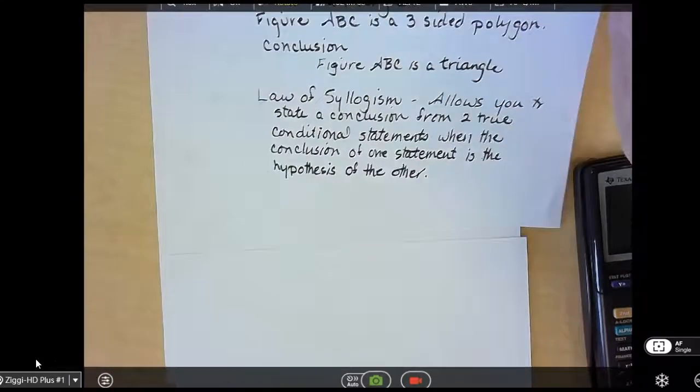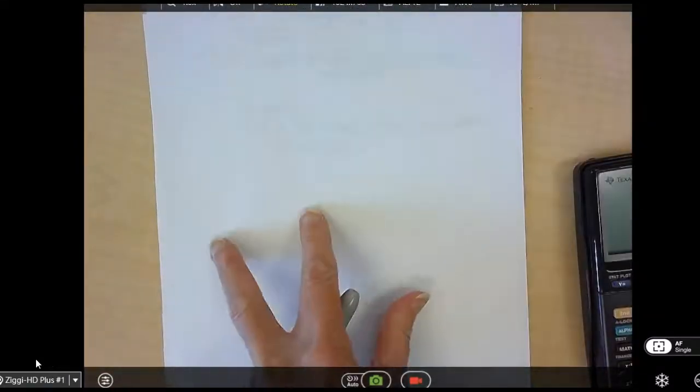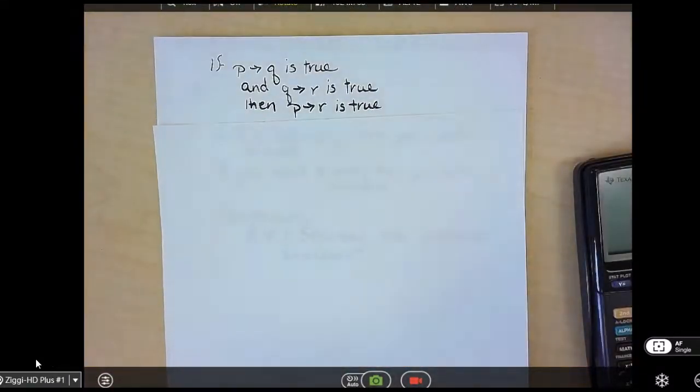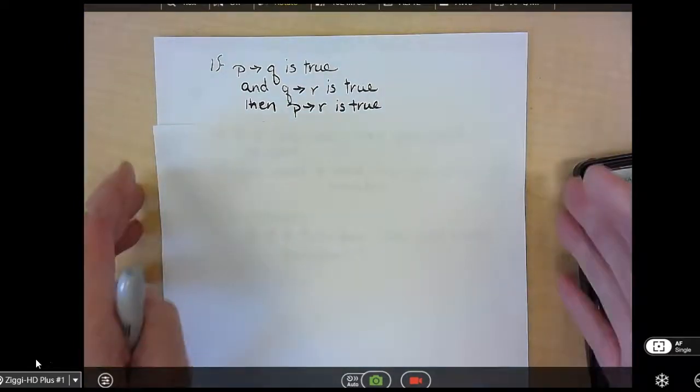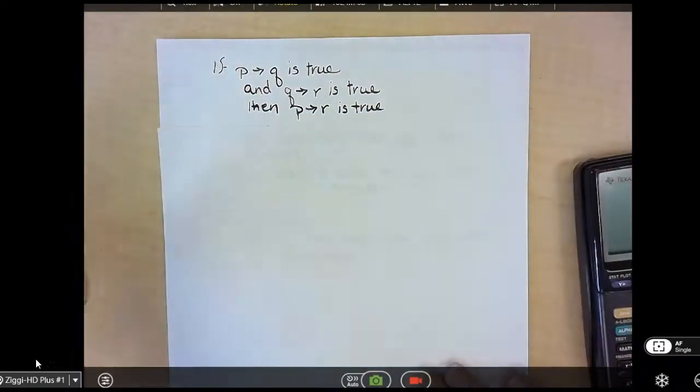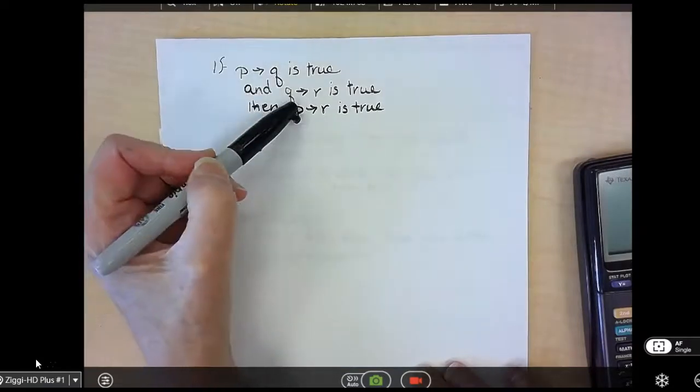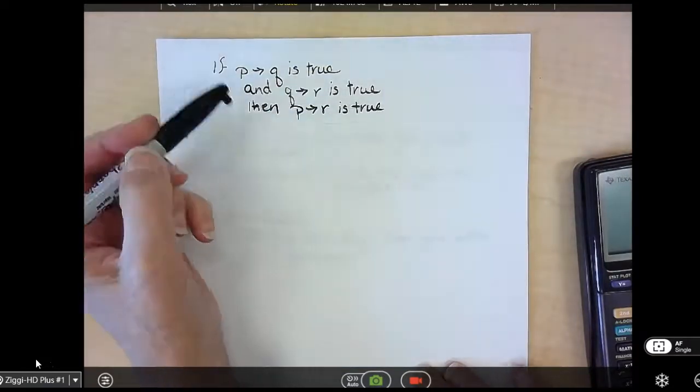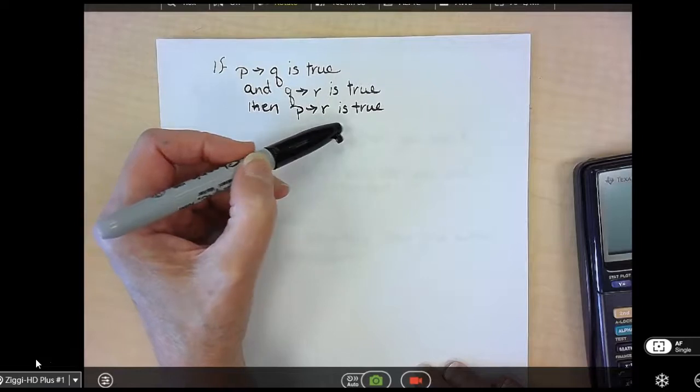So let's break that one down. So we do our abbreviation. If P then Q is true and Q then R is true, then P then R is true.